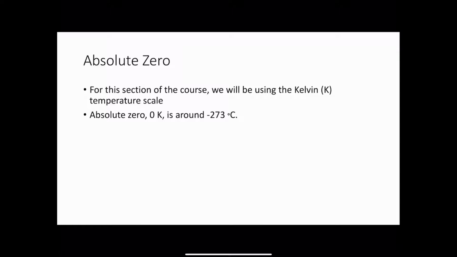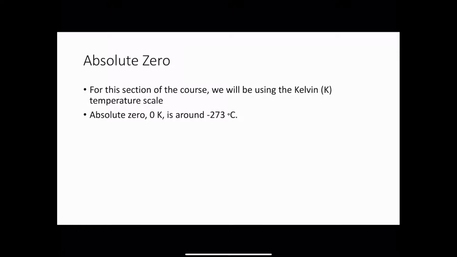That's around minus 273 degrees C. At 0 Kelvin, all molecules in our universe have zero kinetic energy, so everything theoretically stops. At higher temperatures, molecules will have more energy, and in fact, with the Kelvin scale, we'll see later on in this topic that a molecule's energy is proportional to its temperature.